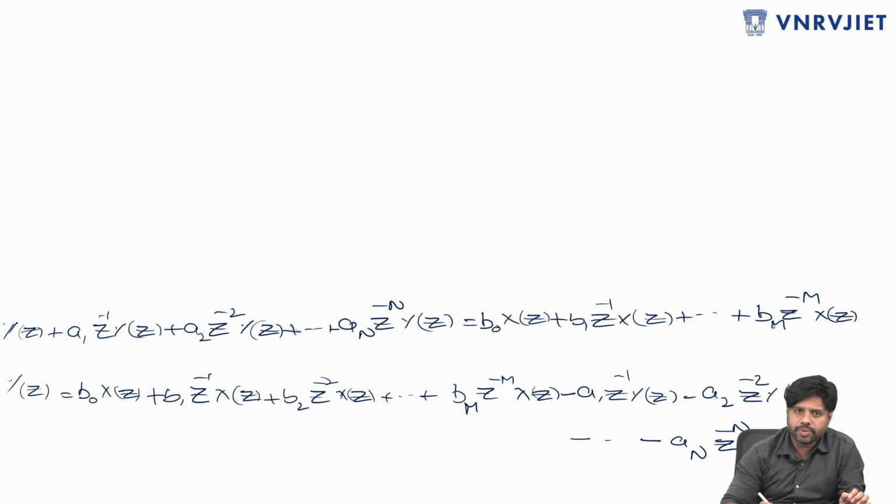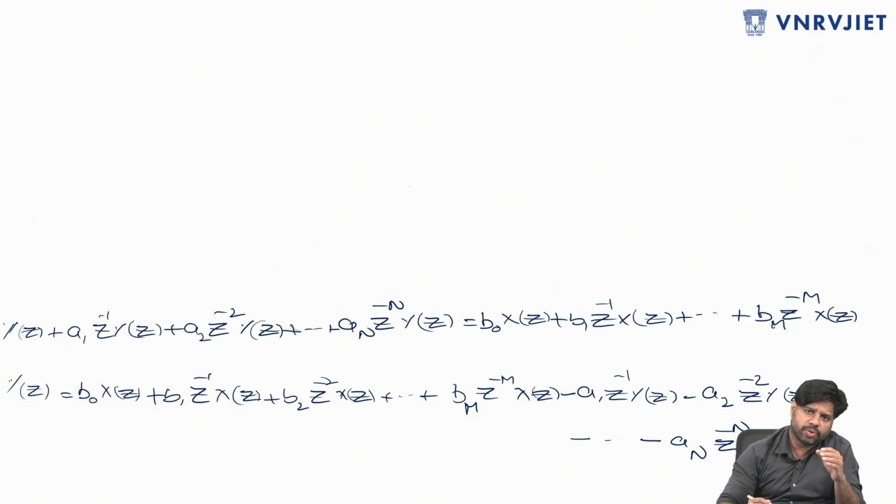Here, if you observe, the parameters we can see are the input signal X of z and output signal Y of z, and b0, b1 and so on up to bm, and a1, a2 up to an, those are the constant multipliers. You can also find z power minus 1, z power minus 2, z power minus m, and those terms are known as the unit delay elements.